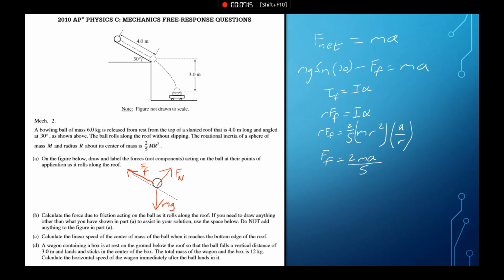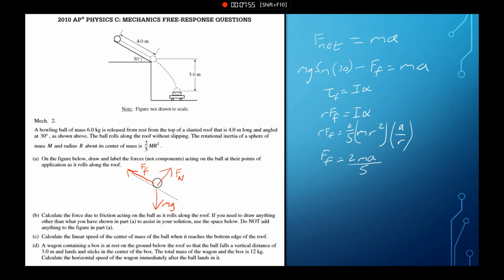Then we plug, oh wait, no, we write in terms of A. We could substitute for the MA instead if we want. Sure. Since we need to calculate force of friction, I don't want to substitute for force of friction just yet. Wait, actually, MA is equal to 5 times friction over 2.